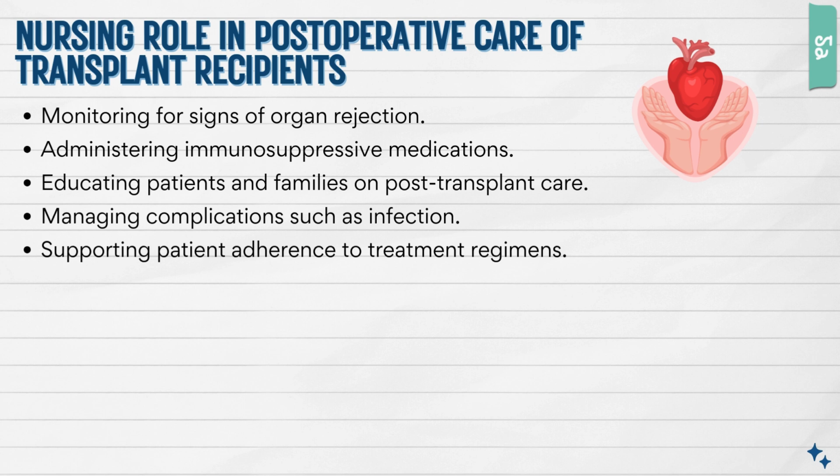Those can include fever, pain at the transplant site, abnormal lab results in relation to the organ being transplanted, or other changes in the function of the transplanted organ. So nurses are going to be the ones that administer those immunosuppressive medications that prevent the rejection of the organ. But these medications can also increase the risk of infection. So it's kind of a double-edged sword here.